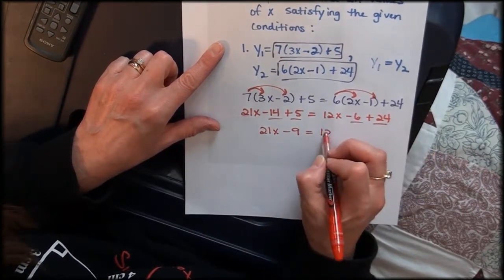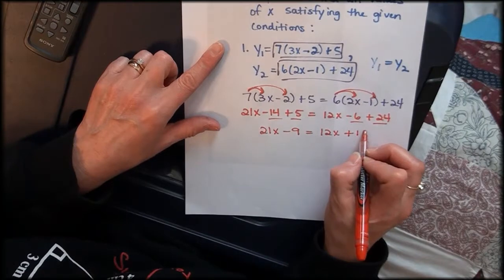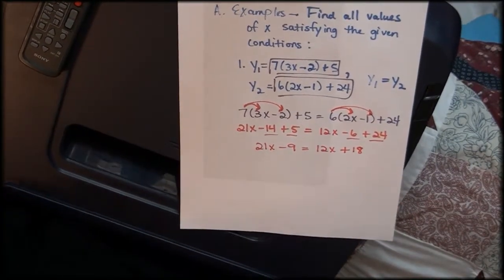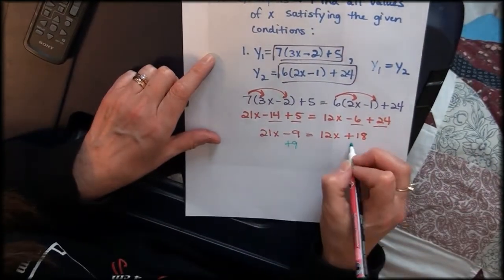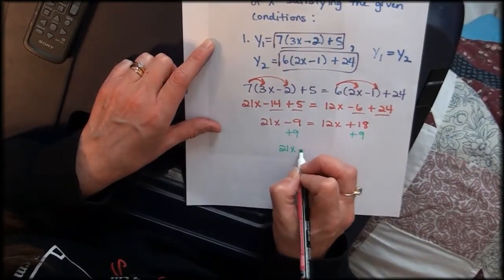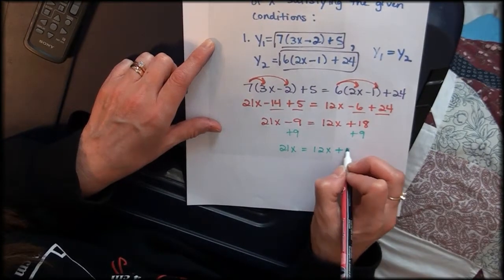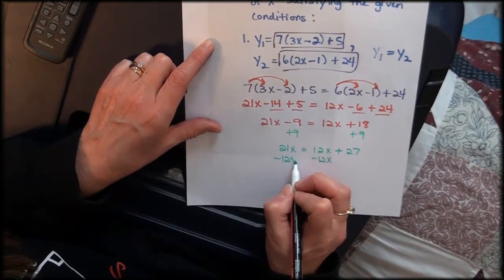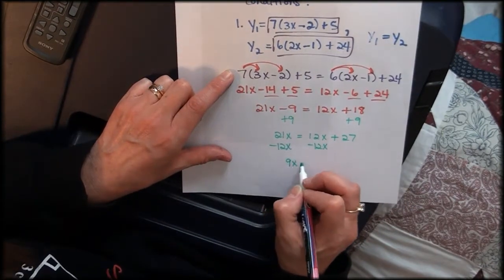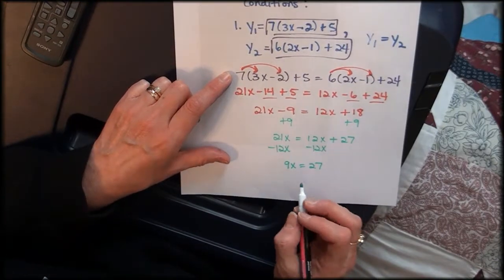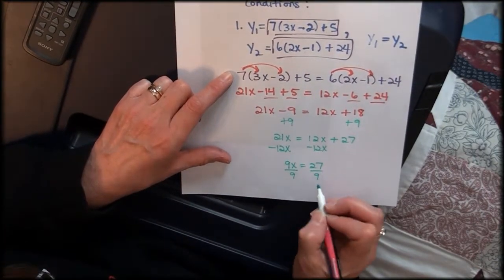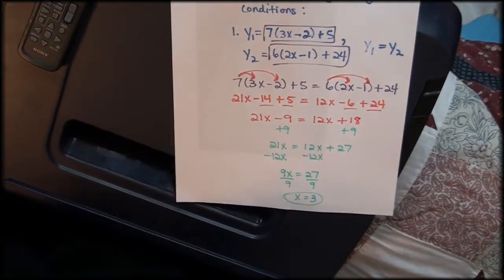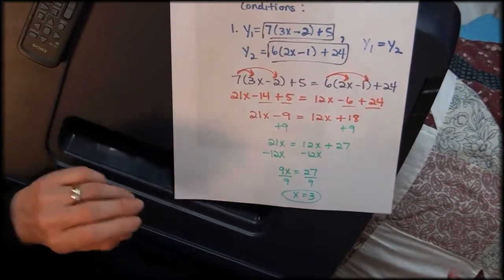And now what we're going to do is add a 9 to both sides, and then subtract the 12. Now in the past I've always gotten all my variables on one side first and all the constants on the other side second, but it really doesn't make a difference because the goal is just simply get all your variables on one side, constants on the other. Makes no difference the order that you do it.